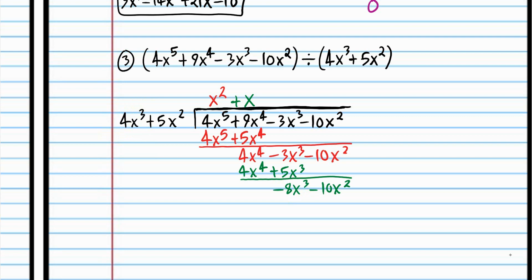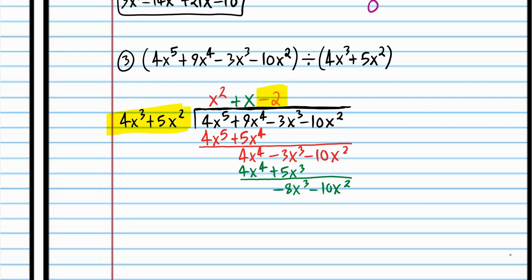So we're going to go on to cycle number 3. The first term in the divisor times what is equal to the first term in the remainder? What do you think that would be? If you said negative 2, you're correct. So that was step number 1. Now step number 2, multiply that number we just wrote by the divisor.